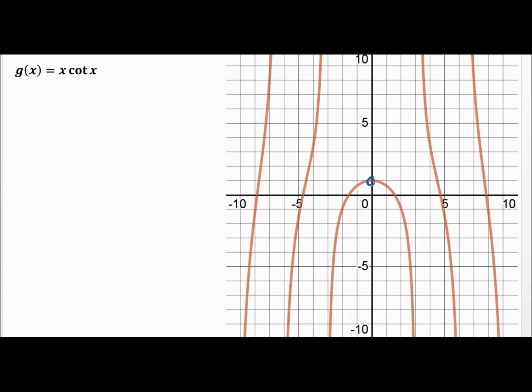You could even go out further, and this repeats forever in both directions. We were only looking between negative 2 pi, which is negative 6.28, so about here is where our graph started, to positive 6.28, so about right here is where it cuts off. I just wanted you to see the rest of it.